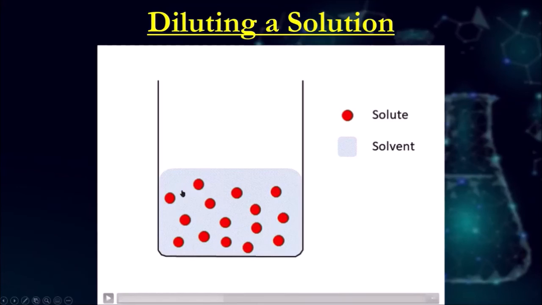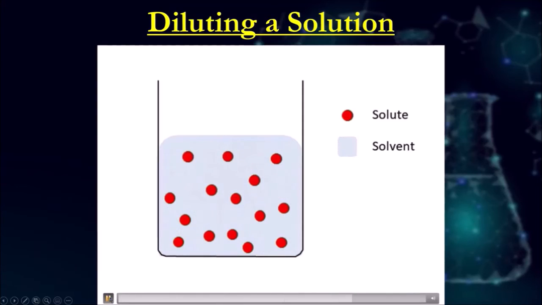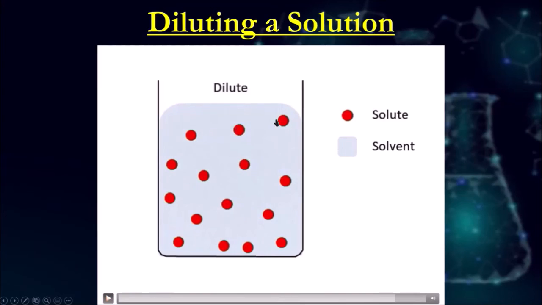But if I continue to increase the amount of solvent I put in, my solutes are now going to disperse further and further away from each other, and now the solution is diluted. So we're saying it's diluted when there's way more solvent than there is solute.